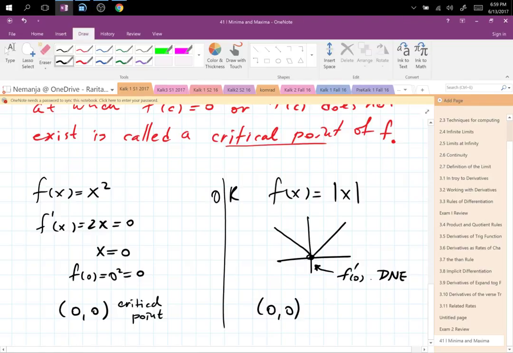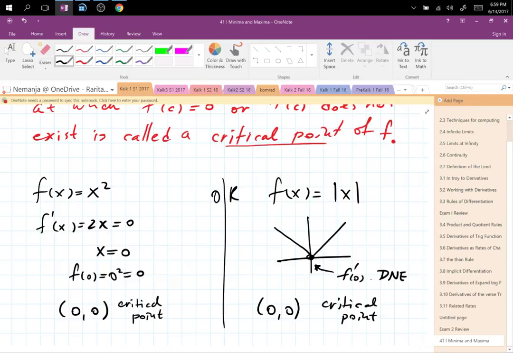So (0, 0) is a critical point. You know from your analysis of the derivative from section 3.2 that to the left of 0 the derivative is -1, because that's the slope of the linear line, and on the right it is +1.